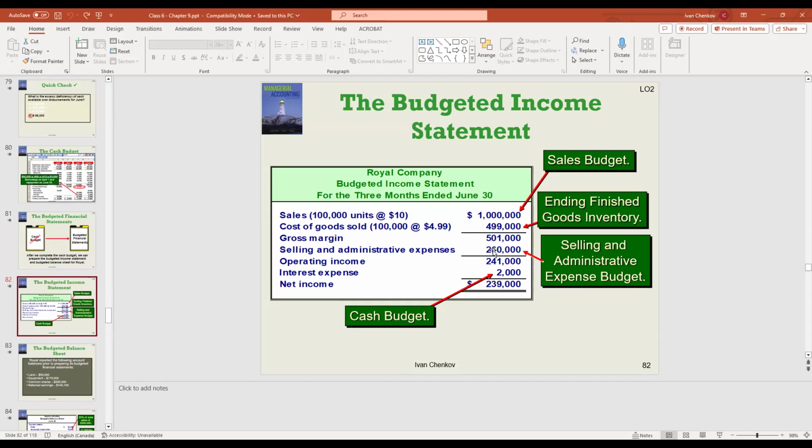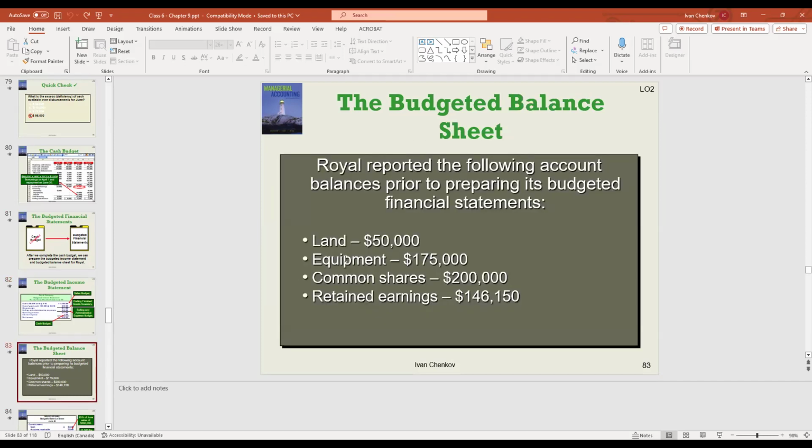Deduct the selling administrative expenses, not the selling administrative cash that you're paying, but selling administrative expenses. You're gonna get operating income minus the interest expense of 2,000 from the cash budget, and you're gonna get your net income of $239,000.